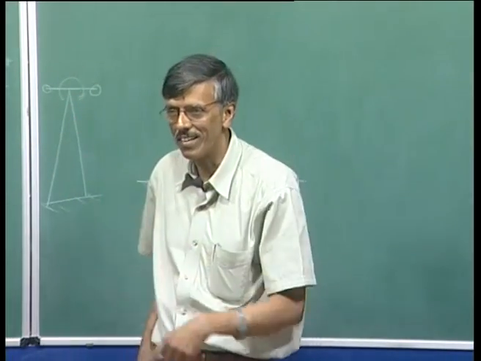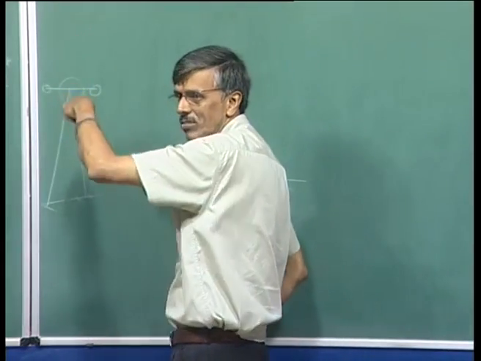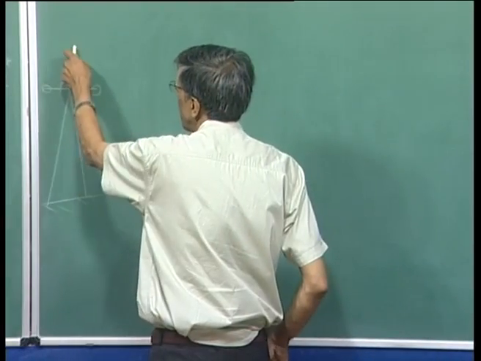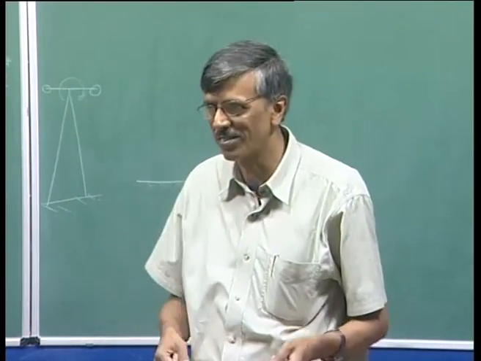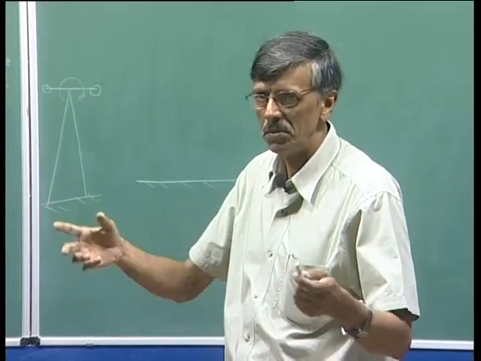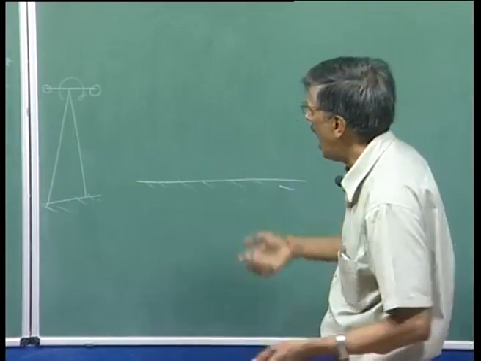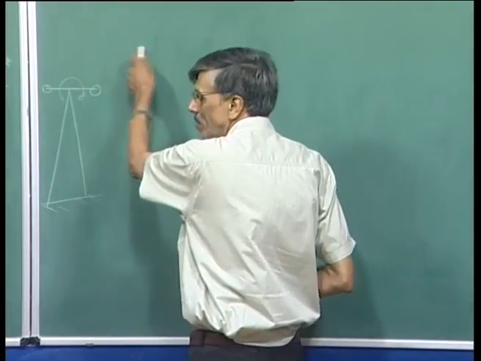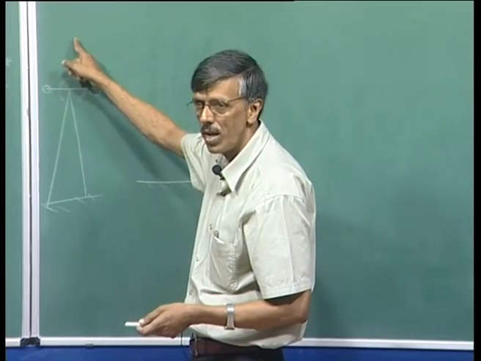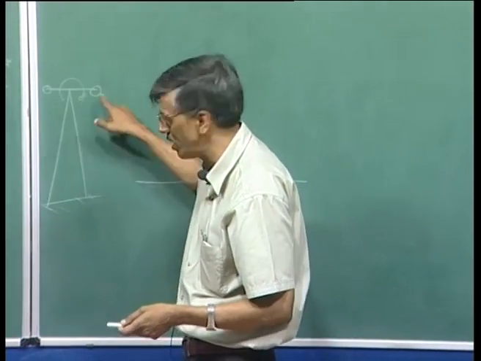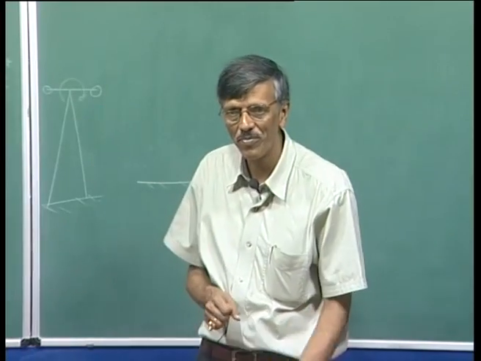So, it was gyrating. Each time it comes here, it sheds a vortex. These are non-rotating cylinders. So, it will shed a vortex when it is going this way, and then you get another set when it is coming up again. So, it is almost like what we are doing.